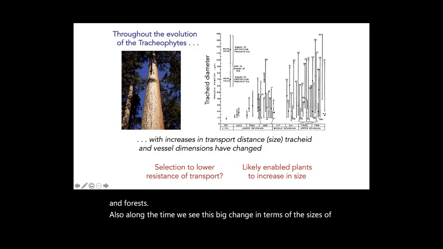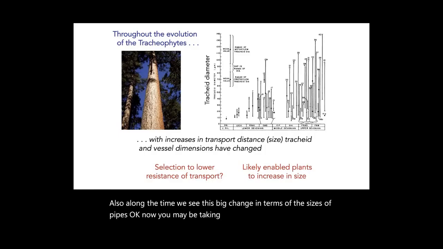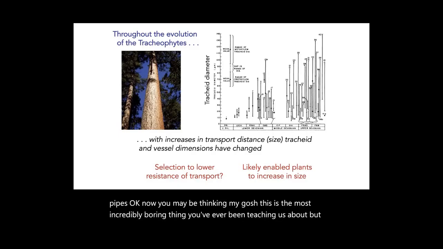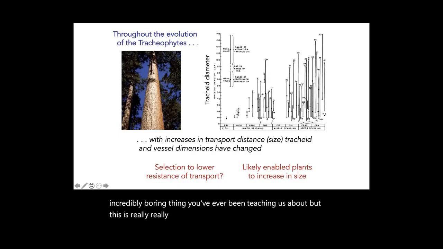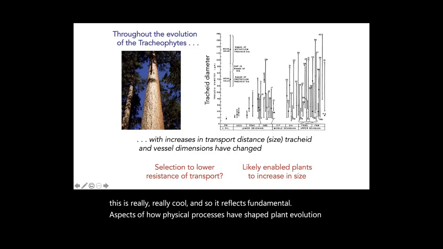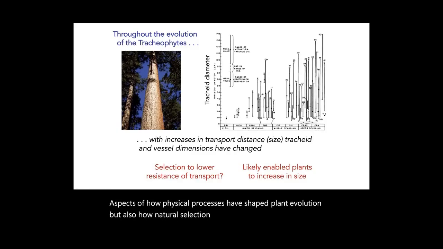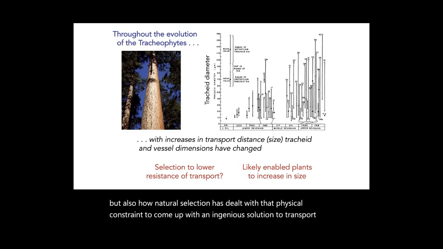Now you may be thinking, my gosh, this is the most incredibly boring thing you've ever been teaching us about, but this is really, really cool. It reflects fundamental aspects of how physical processes have shaped plant evolution, but also how natural selection has dealt with that physical constraint to come up with an ingenious solution to transport resources to increasing heights.